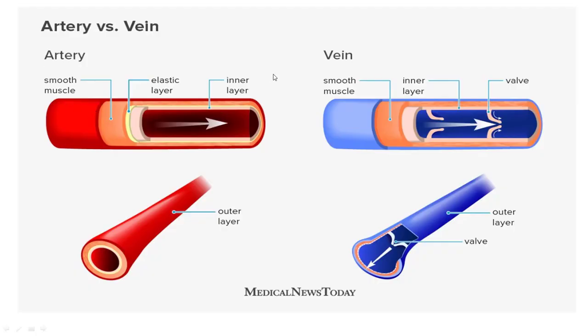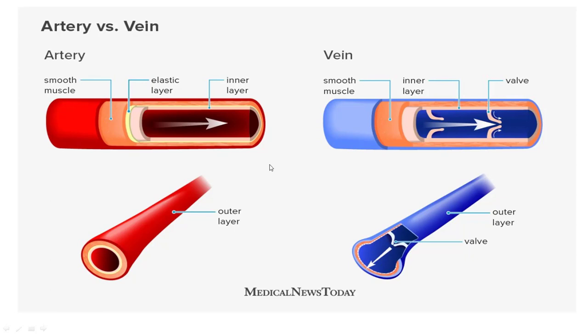In this artery, the outer layer is the connective layer, and the second layer is the elastic layer, smooth muscle or involuntary muscle, and the third one is the inner layer. The inner layer is an epithelial layer that also contains some type of fibers to help in the elasticity of the artery.